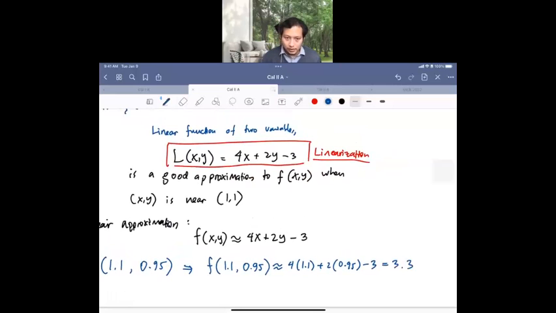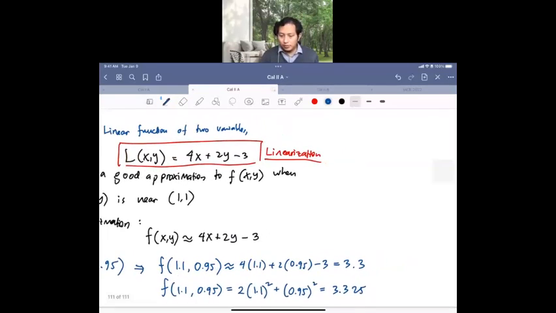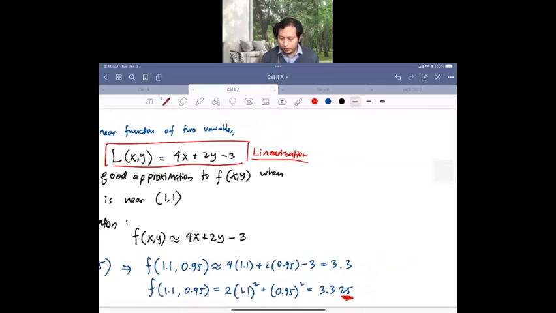Now if we plug this into our function, this will give us almost similar results. We see that we have some 0.025 difference, and depending on the tolerance of the error, I think this is very close. Right? I think very close.